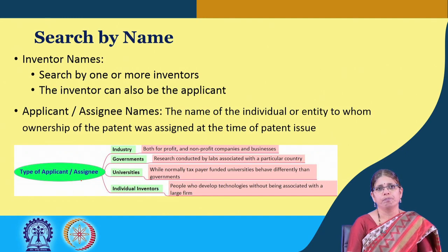Search by name is another category which provides information in relation to inventors, details of the applicant, and the applicant or the assignee. There could be one or more inventors in a particular patent application, and a search for inventors often provides information in relation to the areas in which the inventor has worked on that particular invention, and which organization he belongs to.